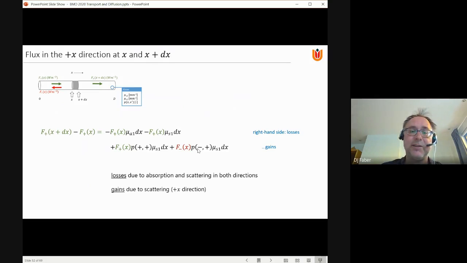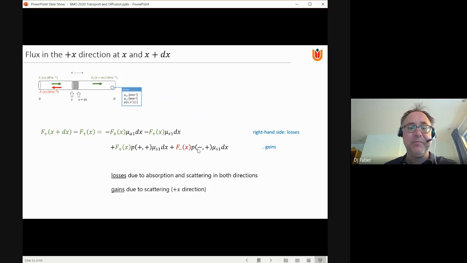There's also a loss term for scattering. So same thing. Mu s times dx is the probability of scattering in that volume. So if you multiply that with the flux, then we get the loss of flux as it travels. On the other hand, not all of it is lost. Some of the scattering is actually in the plus direction, so we can add that back as a gain term. That is the first term on the lower row of the right-hand side.